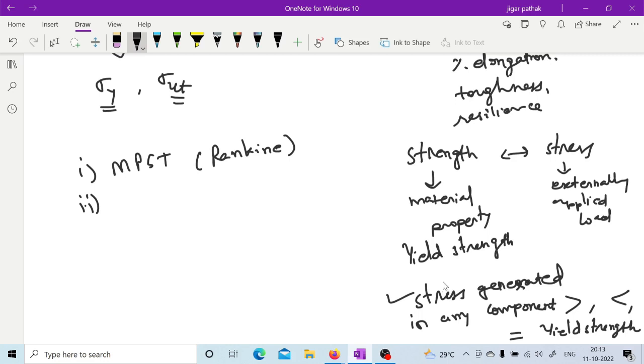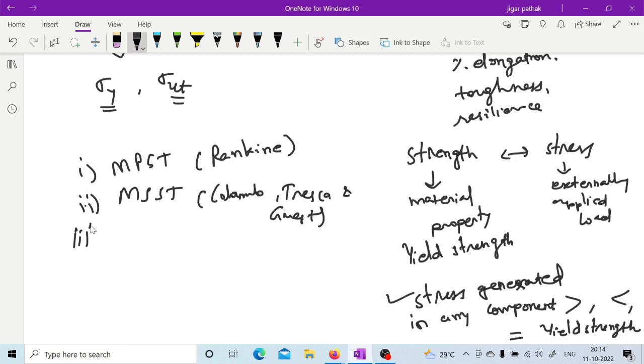Now after this, there are various theories of failure. The maximum principal stress theory, then the maximum shear stress theory, known as Coulomb, Tresca, and Guest.